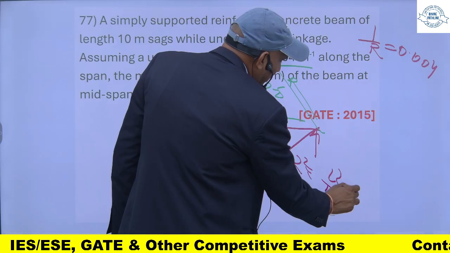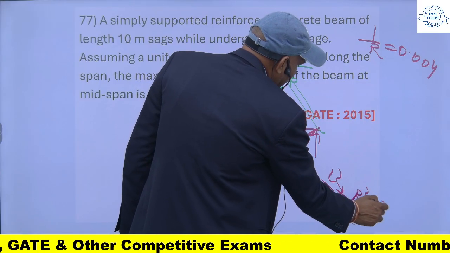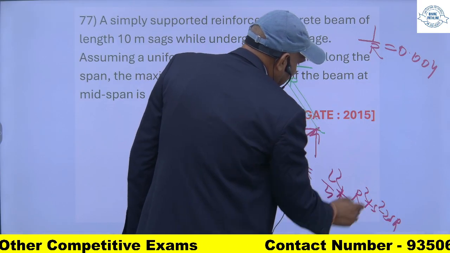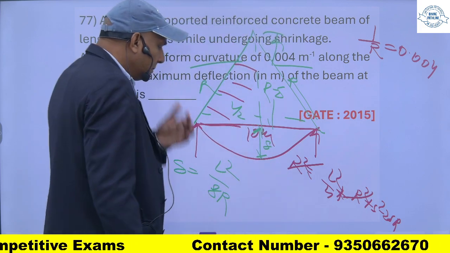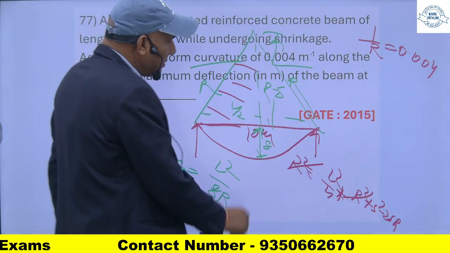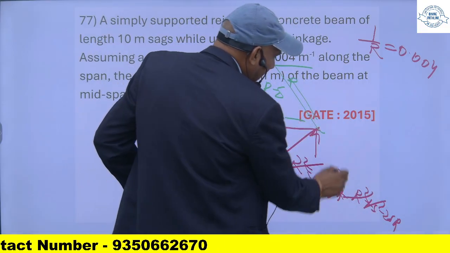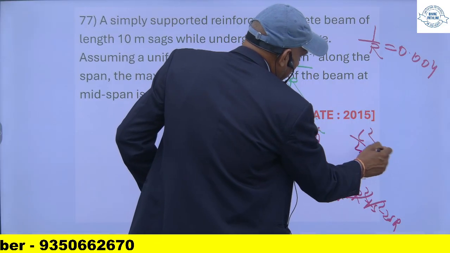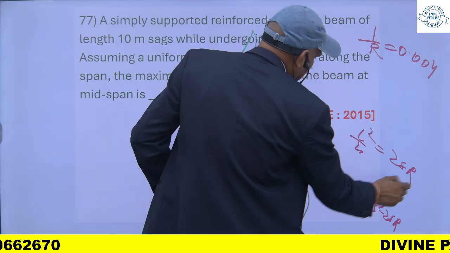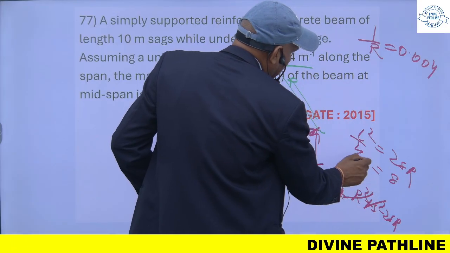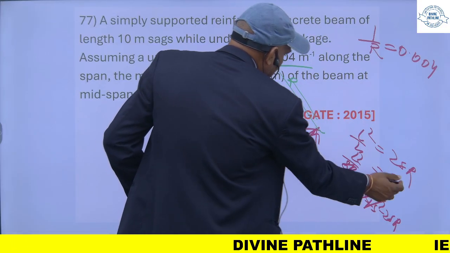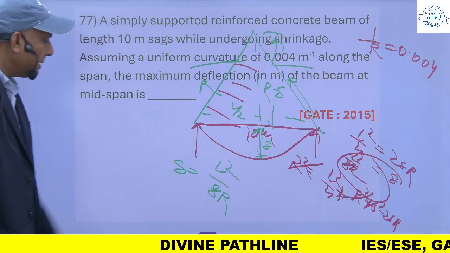R minus delta whole square means R square plus delta square minus 2 delta R. This delta is very small, so square of this we can neglect. So we will get L square upon 4 is equal to 2 delta R. So delta will be L square upon 8R. So this is the formula, delta is equal to L square upon 8R.